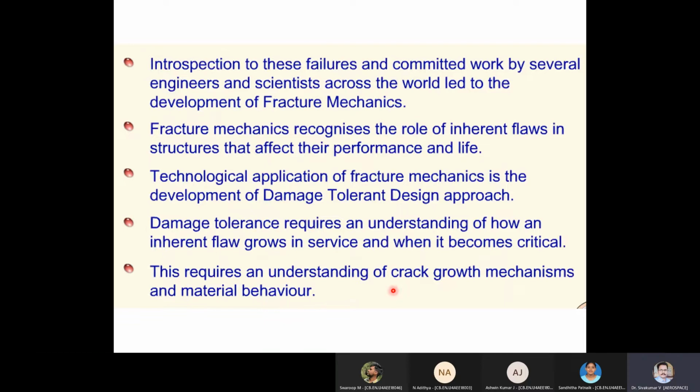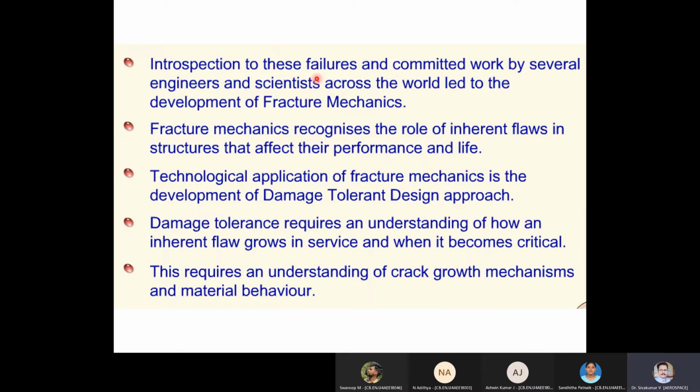Then they wanted to understand why these spectacular failures came. So worldwide people made committees, went through the failures, and studied all these things. Finally they made a report with some outcomes. That is where the study of fracture mechanics came to the world, in the early 20th century.